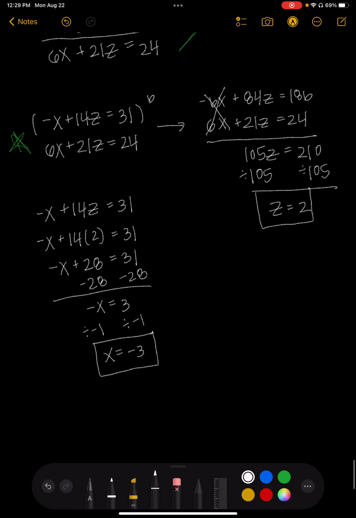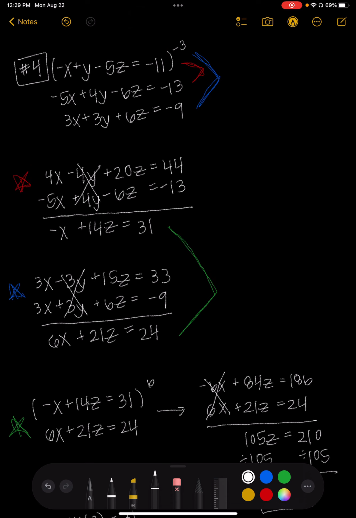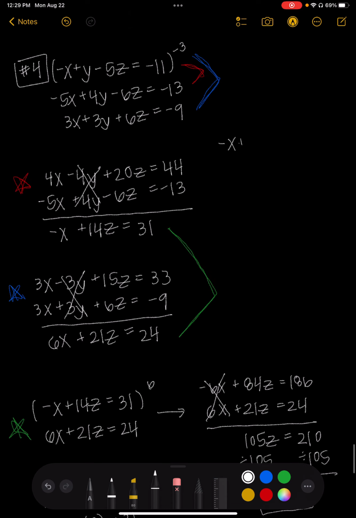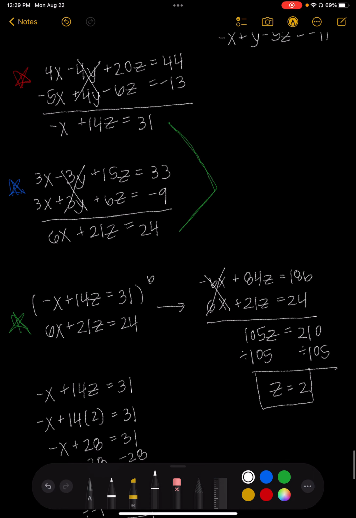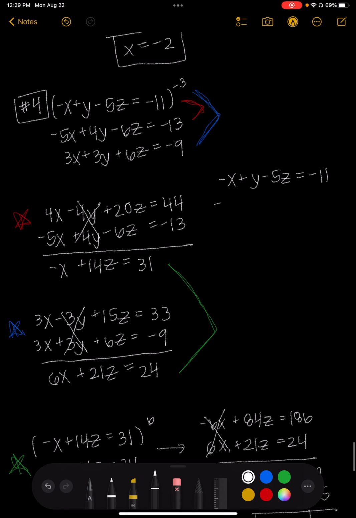So to get the y, what I'm going to do is go back to one of my original equations up here. And we'll just take that top equation, the negative x plus y minus 5z equals negative 11. And I'm going to replace the x and the z with what I know they are, so the negative 3 and the 2. So I'm going to have negative negative 3 plus y minus 5, but instead of z, I'm going to put a 2, equals negative 11.